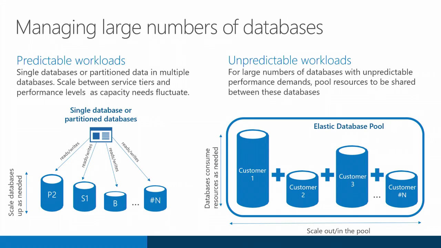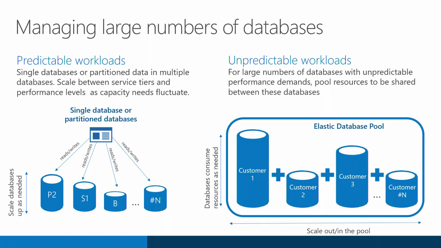Especially in the scenario on the right-hand side, where we've got multiple databases and we haven't got predictable demand. One example is a ticketing site with a database for each city, where the demand moves down the country and each database gets hit as tickets are released for each site.